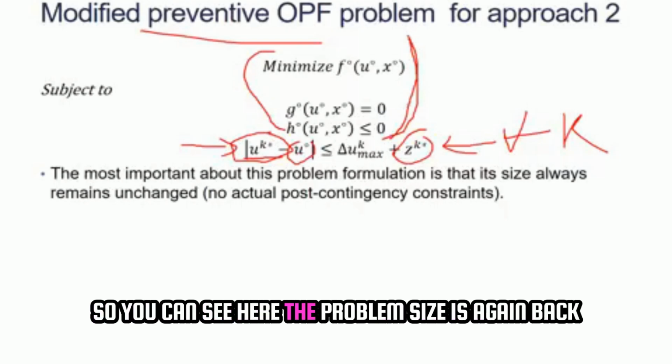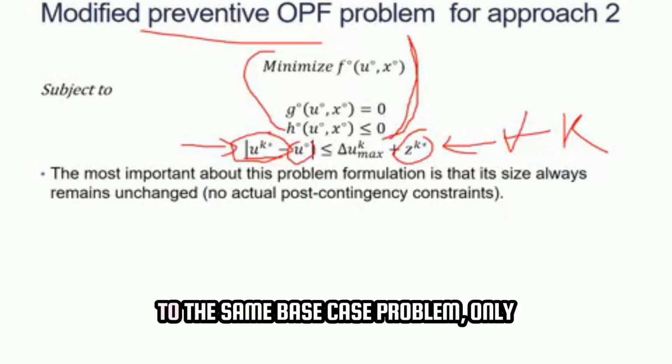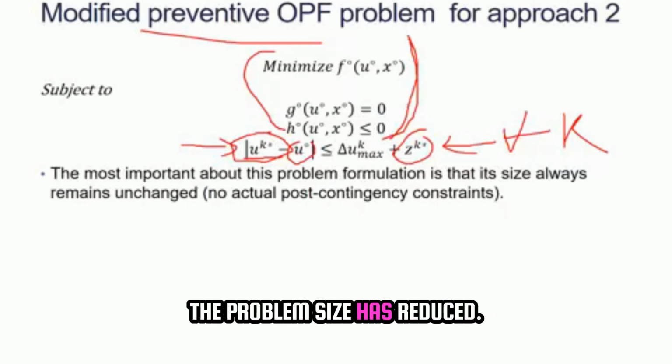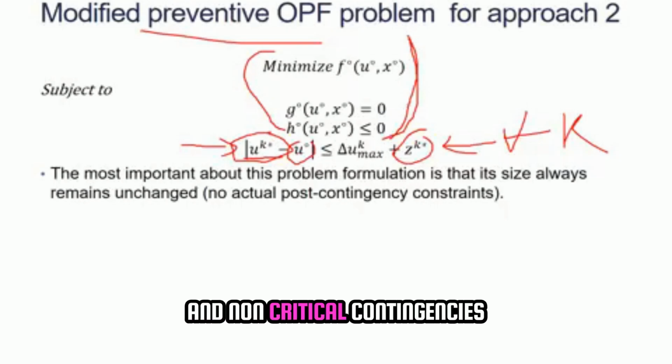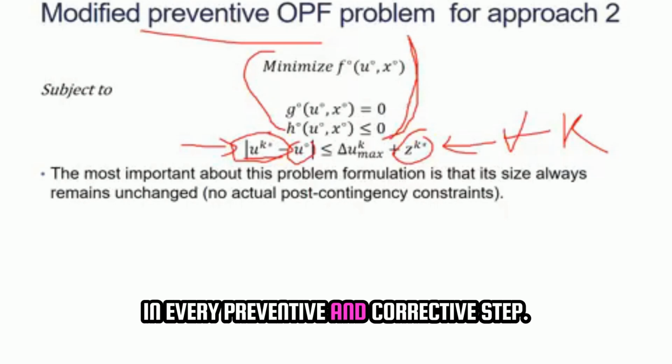So you can see the problem size is again back to the same base case problem, only this inequality is additionally added. You can see how drastically the problem size has reduced. So this is the complete mathematical model and the way we add the critical and non-critical contingencies in every preventive and corrective step.